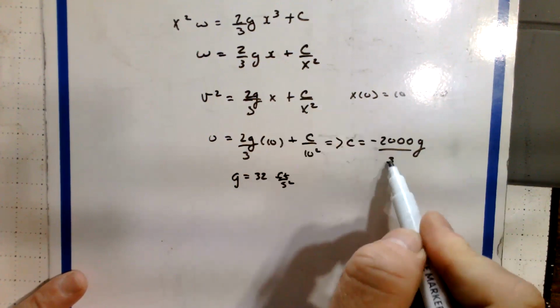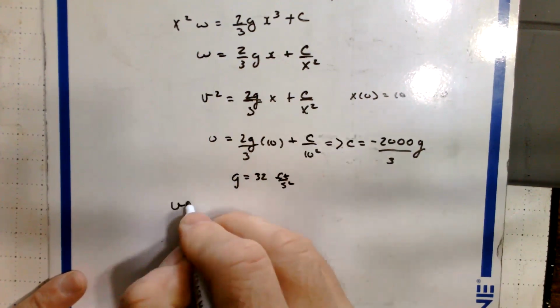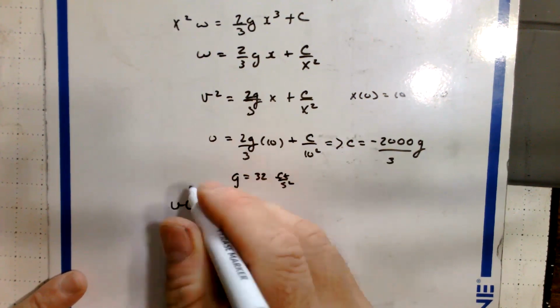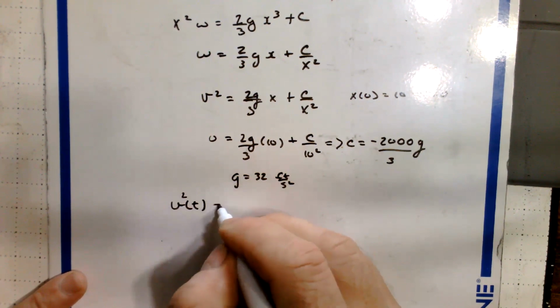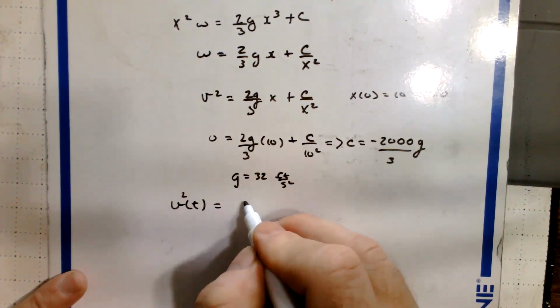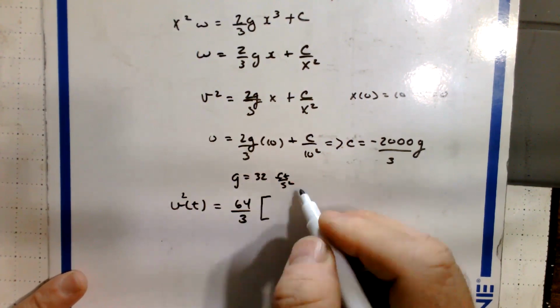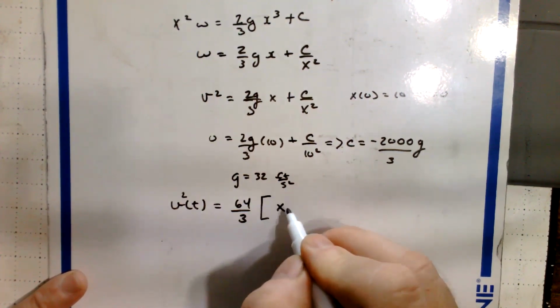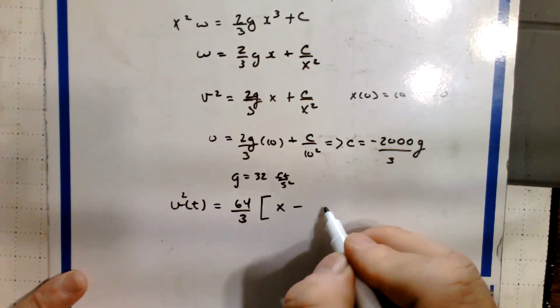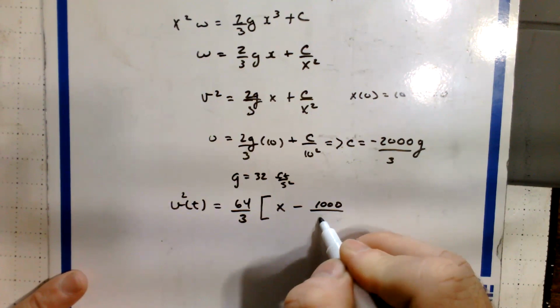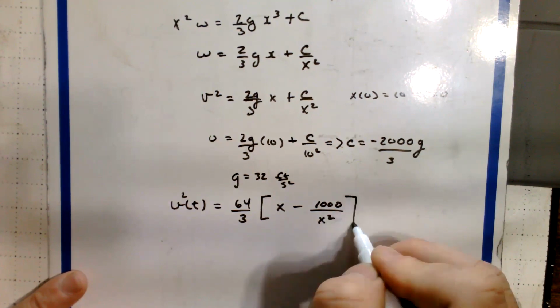The terms now have a 3 in common, so if we factor out, v of t squared is equal to 64 over 3 times x minus 1000 over x squared.